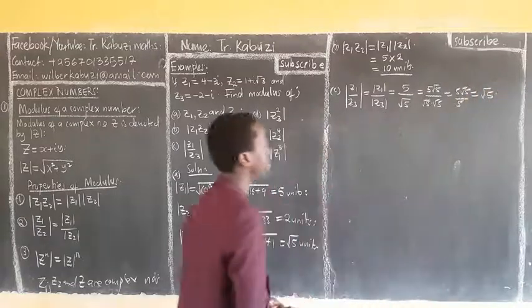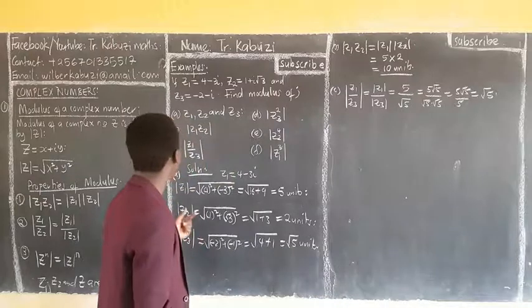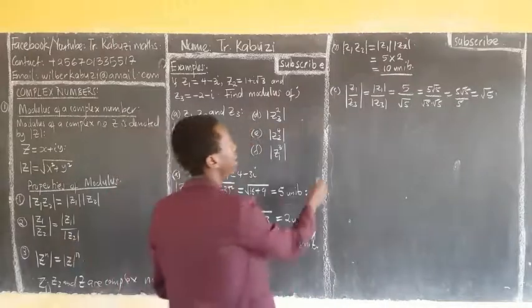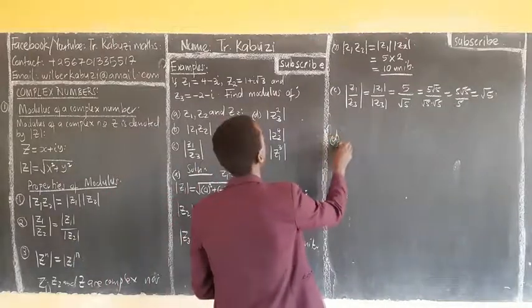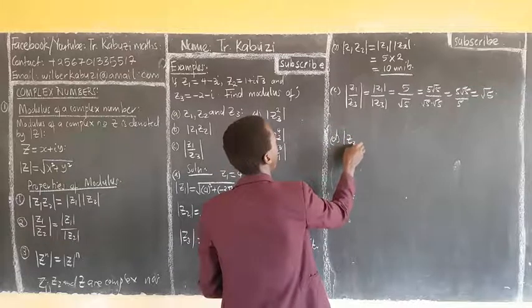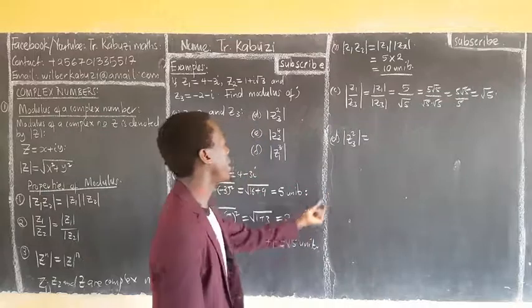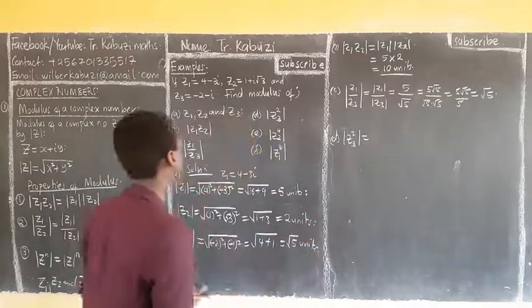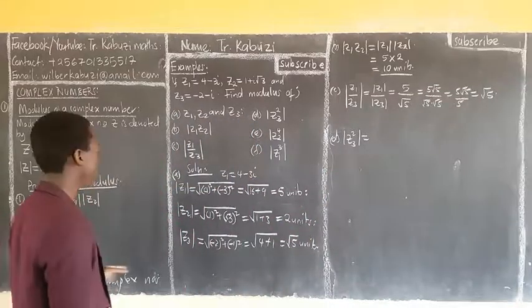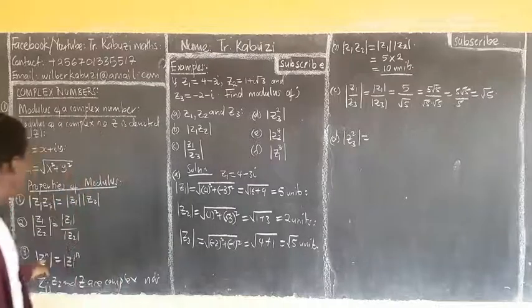as the answer still. When you come now to part D, our part D is telling us now z cubed, but squared. Here we still apply, you don't need to expand. Get the modulus of z cubed, where is your z cubed? My z cubed is here. All you do now, you apply this over that.